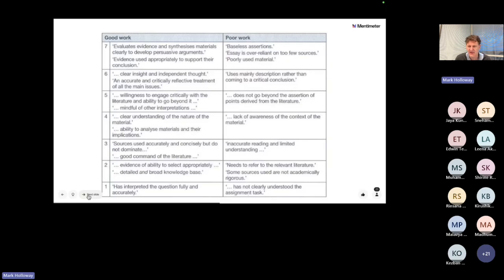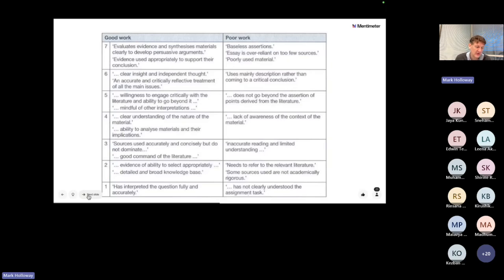That speaks to what I said earlier about being critical, being aware that there are other ways to think about an issue. Clear understanding of the nature of the material, ability to analyze materials and their implications. Sources used accurately and concisely but do not dominate.